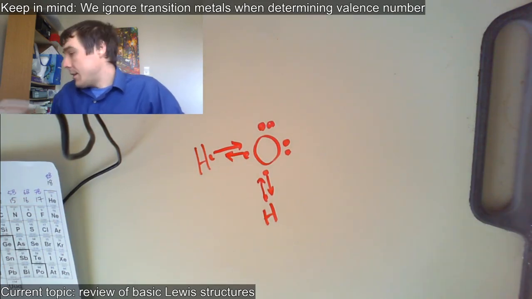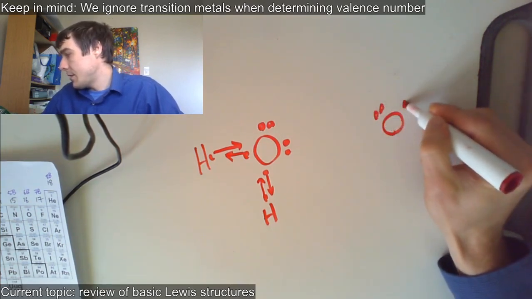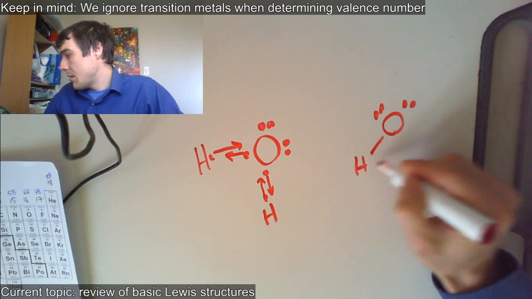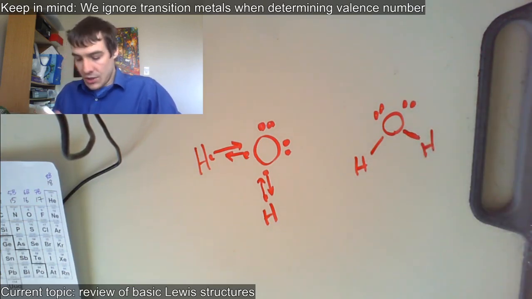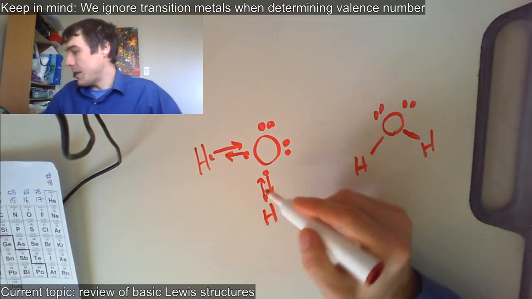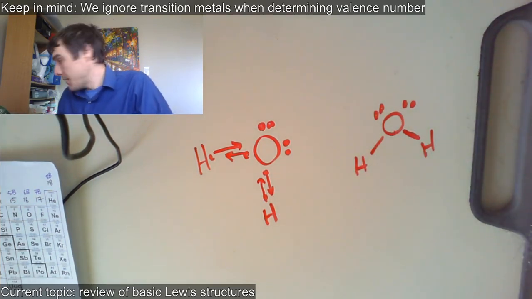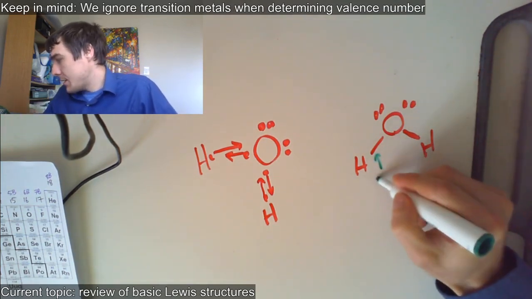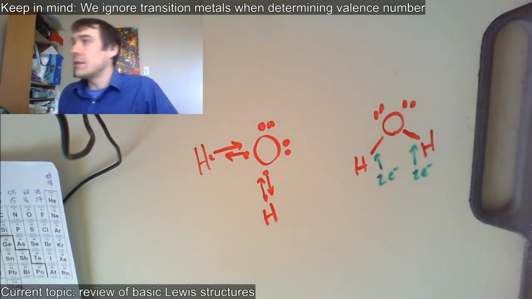And we draw this as a Lewis structure like this, where each bond represents these 2 atoms that are in this sharing arrangement, in this tug-of-war kind of arrangement. And so that's 2 electrons, and that's 2 electrons as well.